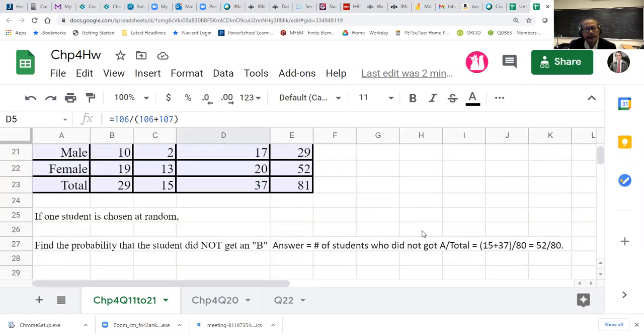And this one is the not get B, so that means you add 29 with this, sorry, not get B, oh, not get A here. Okay, so this one should be not get A. I don't know, maybe someone changed it.